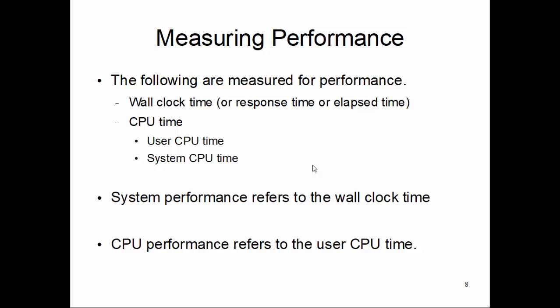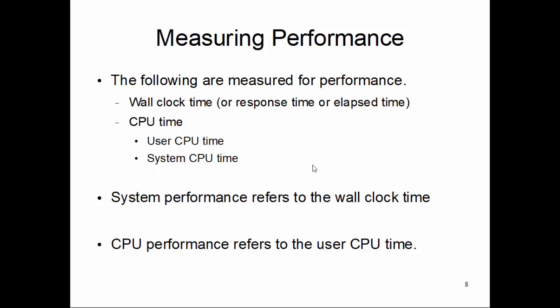Okay, so these are the two major things. So we are more interested in the user CPU time because we don't really have control over the system CPU time, because that library function is basically predefined and we cannot do anything about that. So all we can do to improve the performance of our software is to tune our code, right?